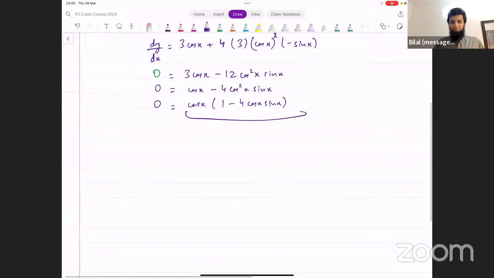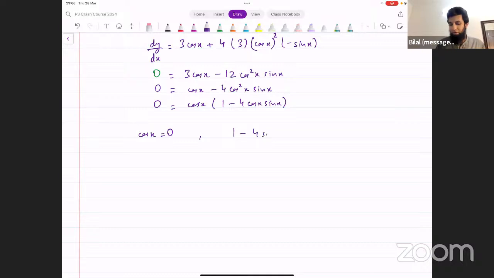Now, it's a product: cos x multiplied by 1 minus 4 cos x into sine x. Since this product is equal to 0, either cos x should be 0 or 1 minus 4 cos x into sine x should be 0. So that gives us either cos x equals 0 or 1 minus 4 sine x cos x equals 0, and that gives you 4 sine x into cos x equals 1.